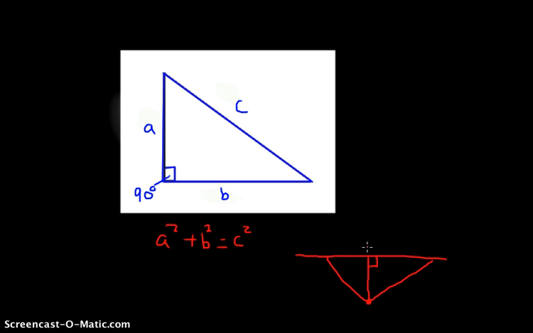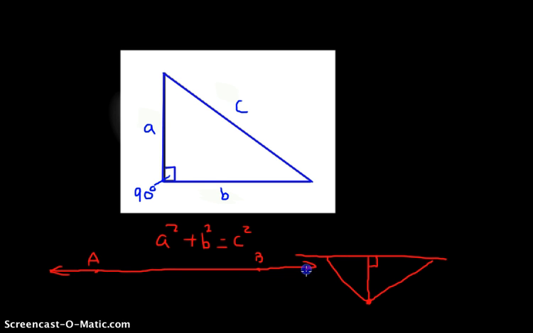And the second point, which you can then use with what I just showed you, is if you have, let's say, AB, so this is A, and this is B. Point B is right here, point A is right there.